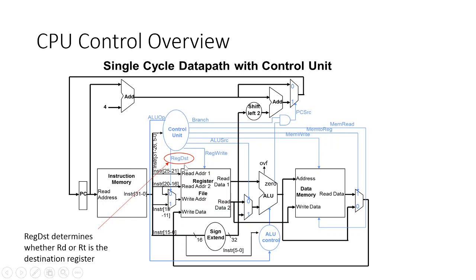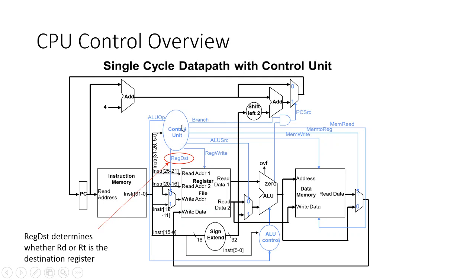If this is our MIPS data path, for a single control unit with an ALU, when we load a single instruction into memory, 32 bits, 0 to 31, some of those bits are going to be the opcode, and some of them are going to be the function portion.